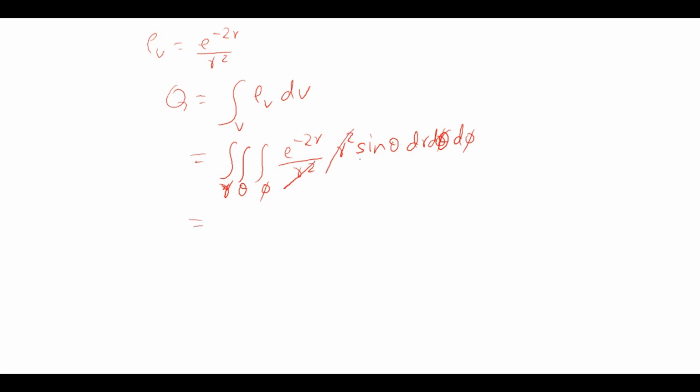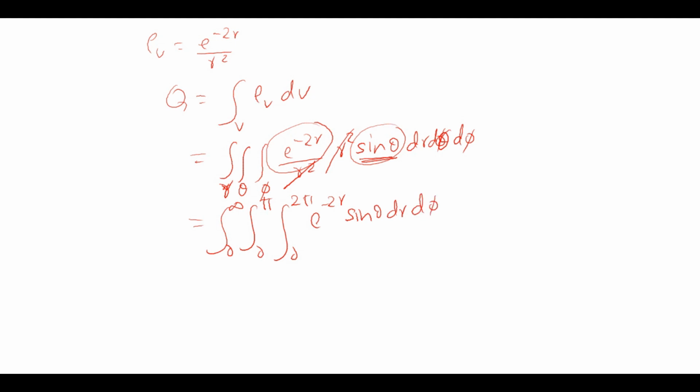Now the remaining parameters are e raised to minus 2r and sin theta. So there is a function for r, there is a function for theta, but there is no function for phi. So we will finish that one. So the limits are 0 to infinity, 0 to pi, 0 to 2 pi, e raised to minus 2r sin theta dr d theta d phi. So we will finish this part.